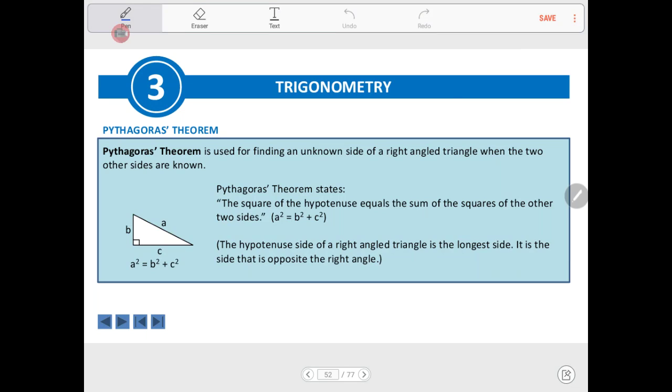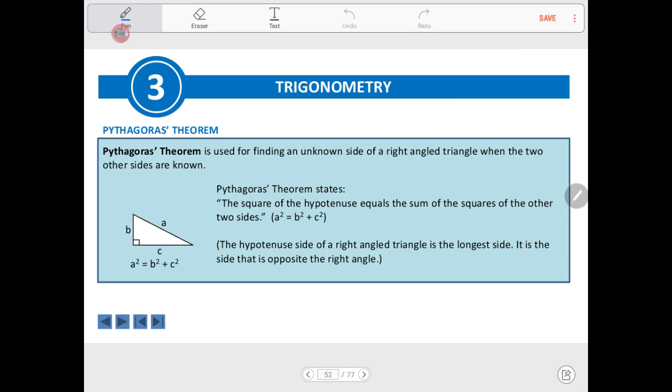Now, Pythagoras' Theorem is something that I'm sure you've been exposed to in the past in maths classes. However, if you can't remember anything about it or you haven't ever seen it before, don't worry, I'll be going through it right from the beginning.